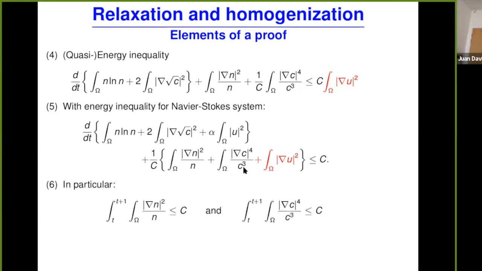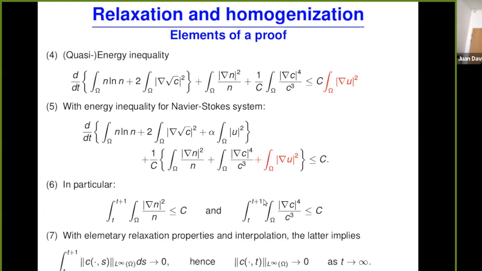And then you can integrate and gain some regularity features, for instance, from the dissipation rate that you see. And we are still in the first miracle. The first miracle now gives you that, after interpolation, you can play some standard things here with interpolation, combining this with the elementary relaxation properties.